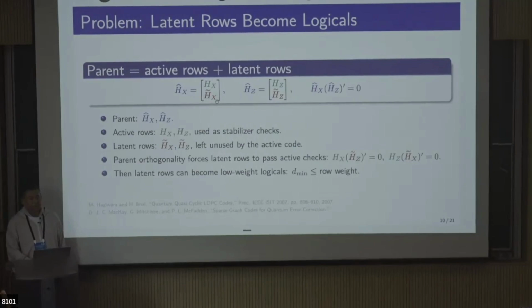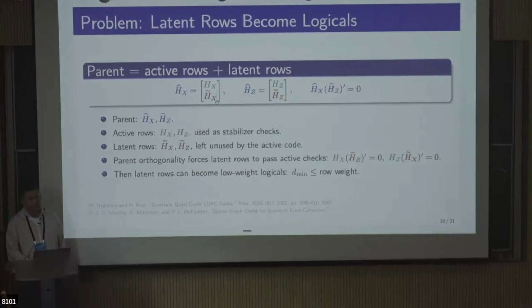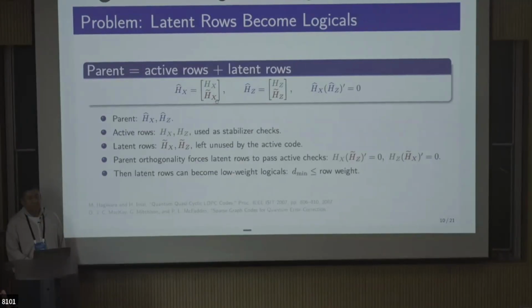I feel like the latent distance will capture the actual distance, assuming HX and HZ have row weight close to 4 maybe.